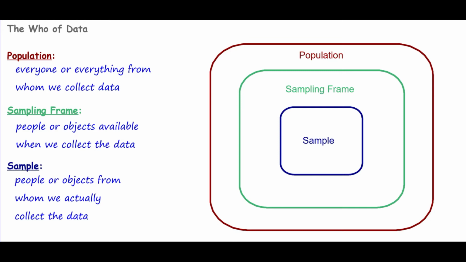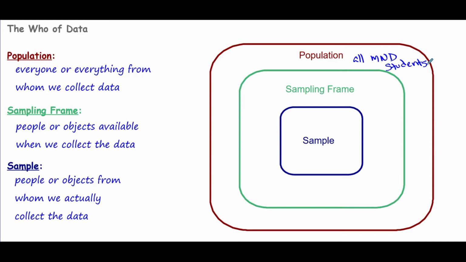Let's say, for example, we want to collect information from all MND students. So our population is all MND students. Now, we don't have the time to get our data from all MND students. So instead of getting the information from every single student, we're going to take a sample of students and use that for our data. Let's say one day we collect our data from students who are at school on that day.